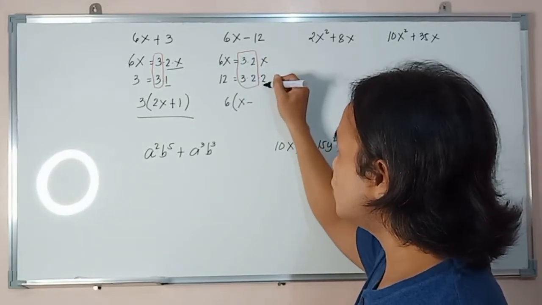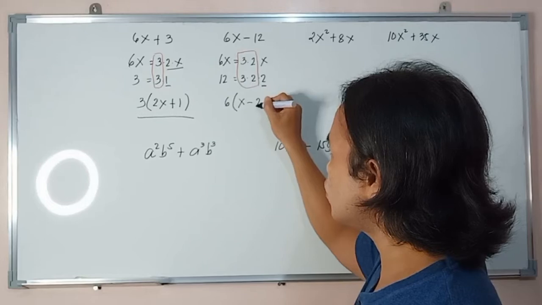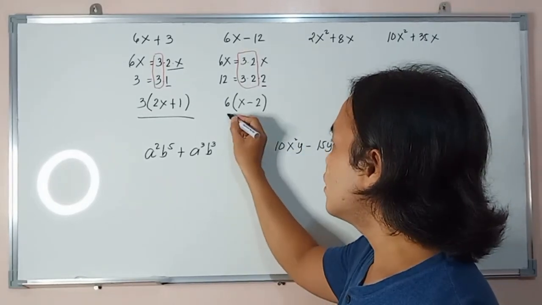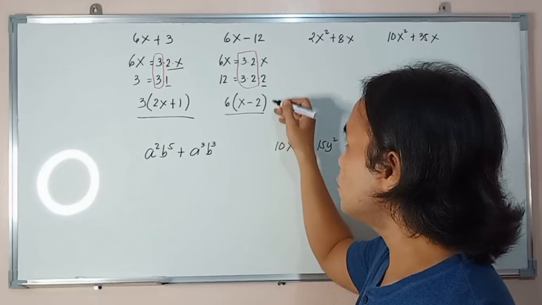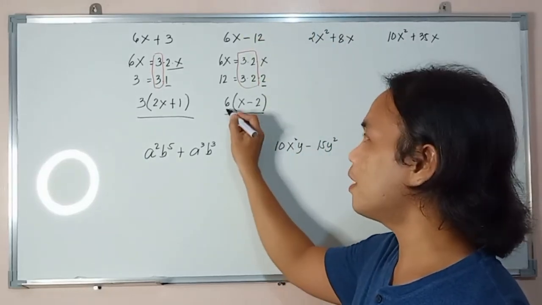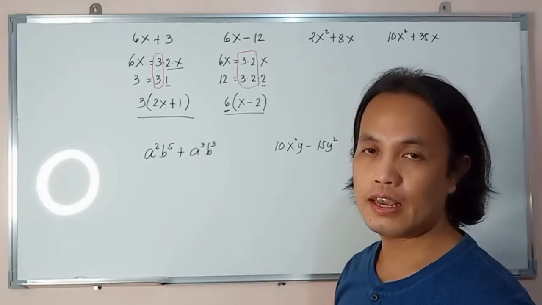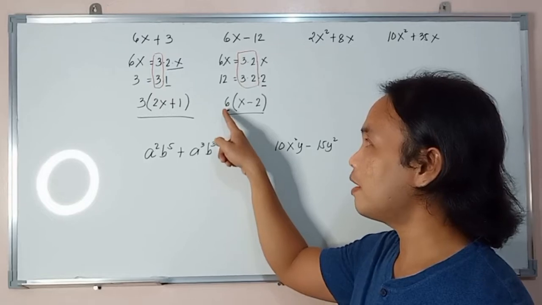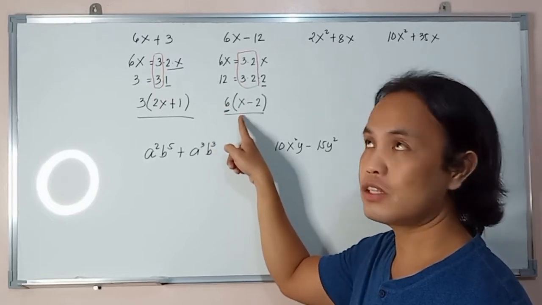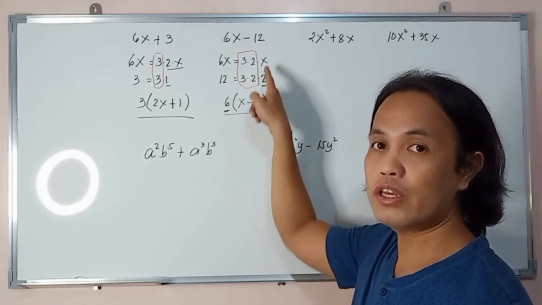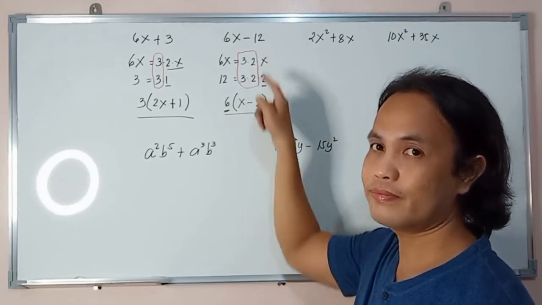The remaining factor for the second term is 2, so we write 2. These are now the factors of the binomial 6x minus 12, and our common monomial factor is 6. To check, we multiply 6 times x, which is 6x, and 6 times negative 2 is negative 12.